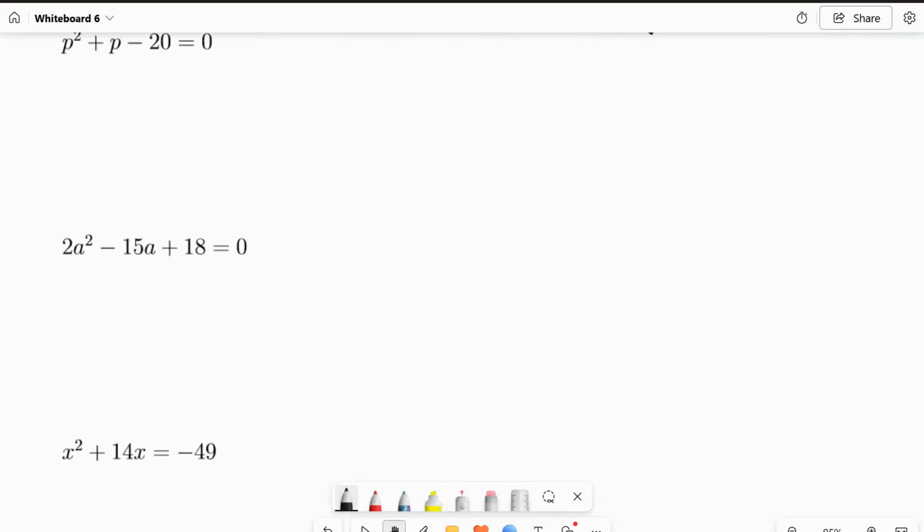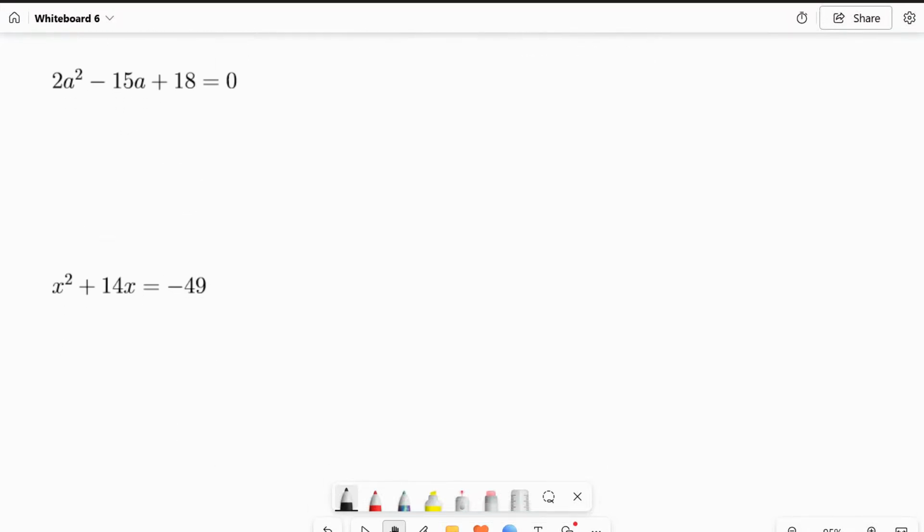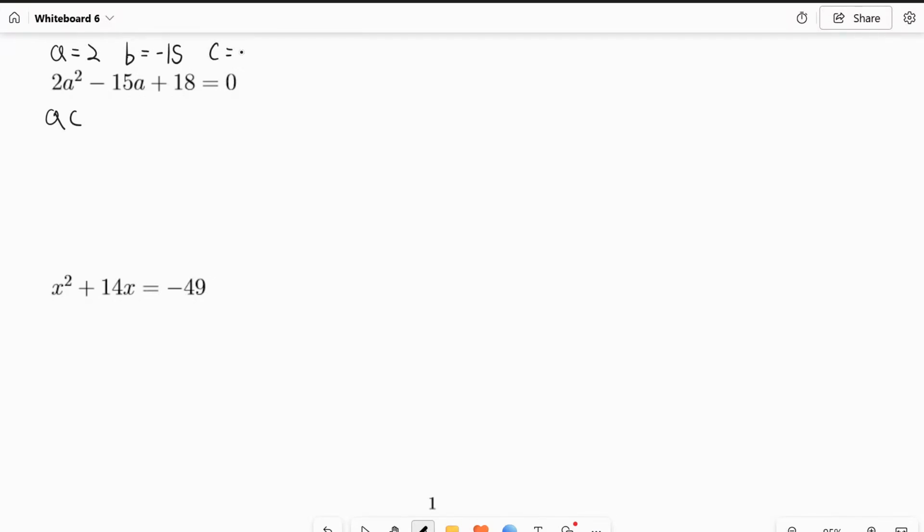So let's scroll down here and take a look at number 3, since it has a leading coefficient other than 1. If we were using the AC method, our A value would be 2, B would be negative 15, and C would be 18.